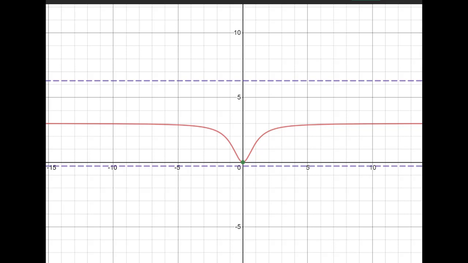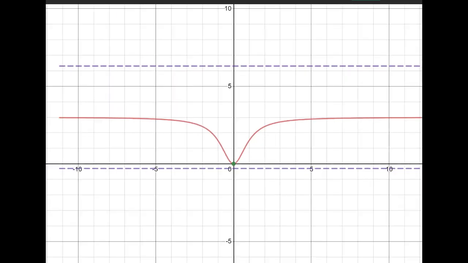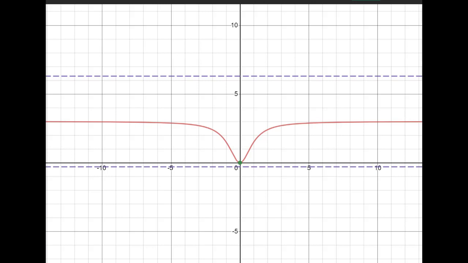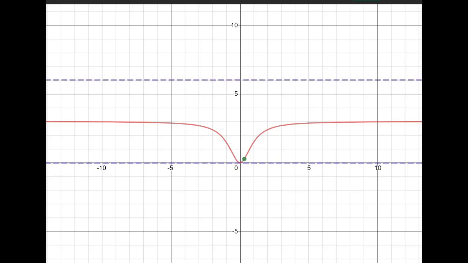Here's an interactive sketch of that graph of the example that we had, 3x squared over x squared plus 1. So this was the function. And notice here I have a green dot on the graph in red.